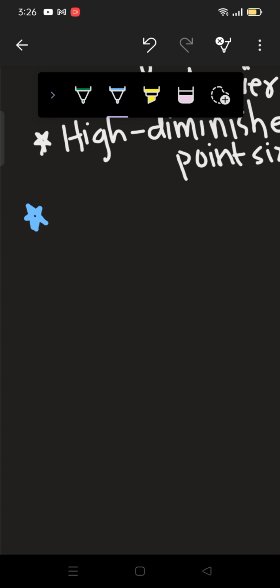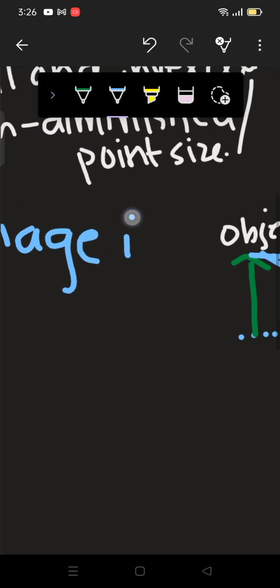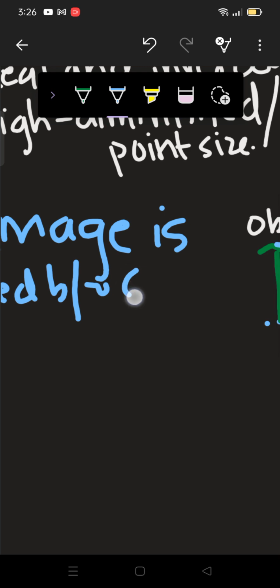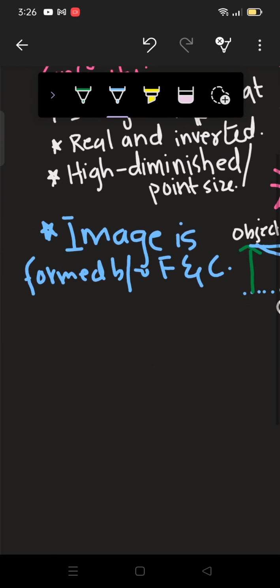The image is formed between f and c, which is also known as 2f. All right, first property we have written.